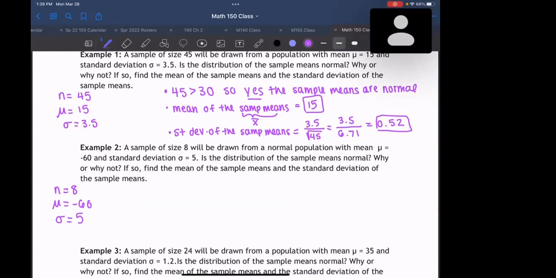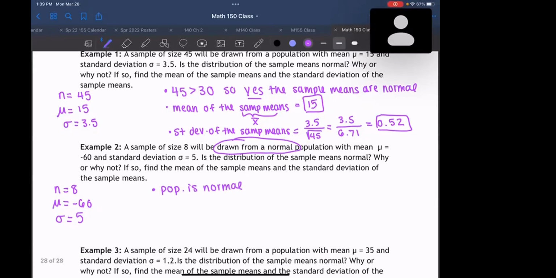But we still have that other option that can be true. Since the question says it's drawn from a normal population, okay? Population is normal. We can still say that yes, the sample means are normal.